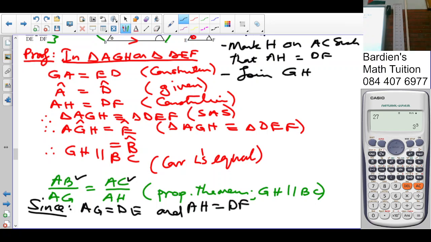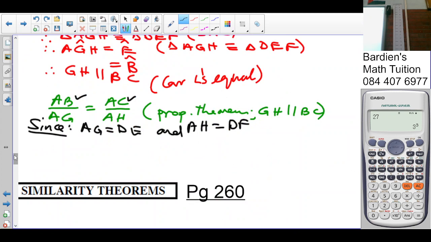So in other words, we can of course replace this and that now, not so. Therefore AB over DE has to be equal to AC over DE. And there we have proven that theorem for 6 marks. Okay.